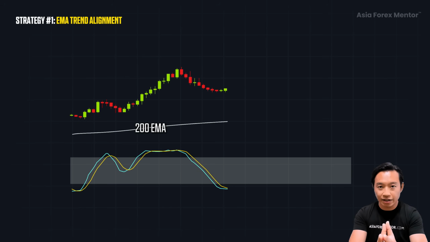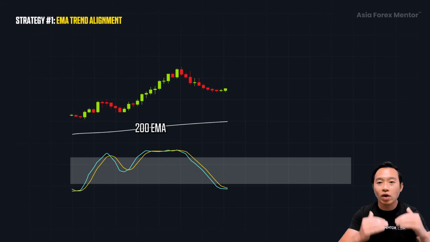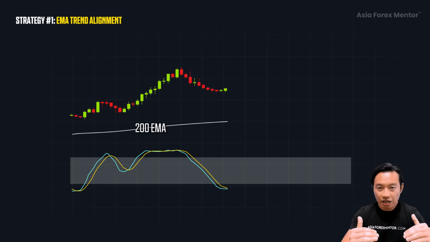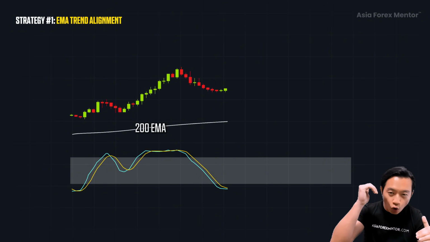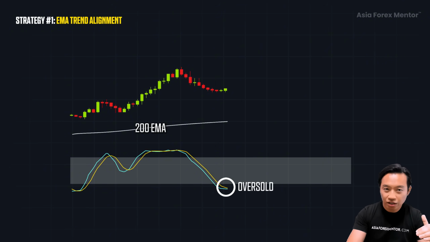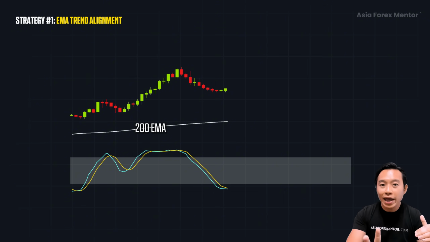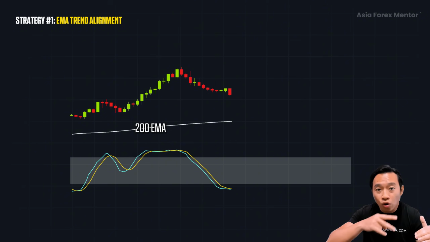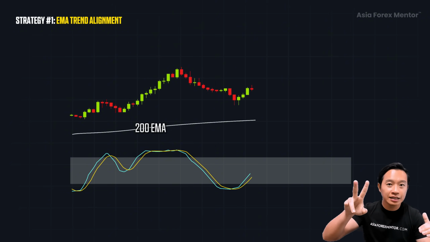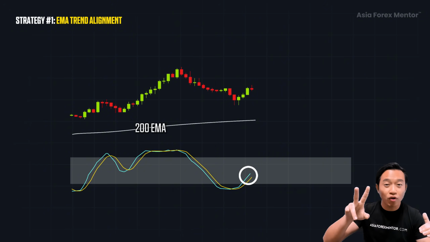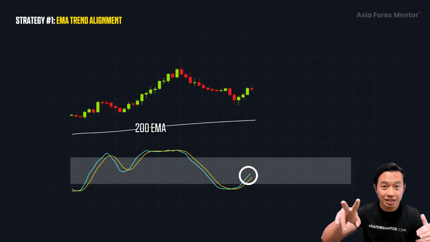So here's the process again. When price is above the 200 EMA and the stochastic dips into oversold territory, don't rush in yet. Wait for the lines to cross back inside the zone.